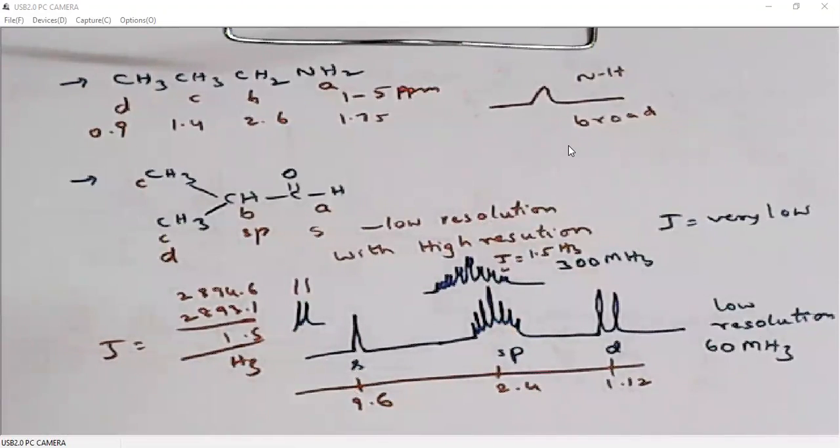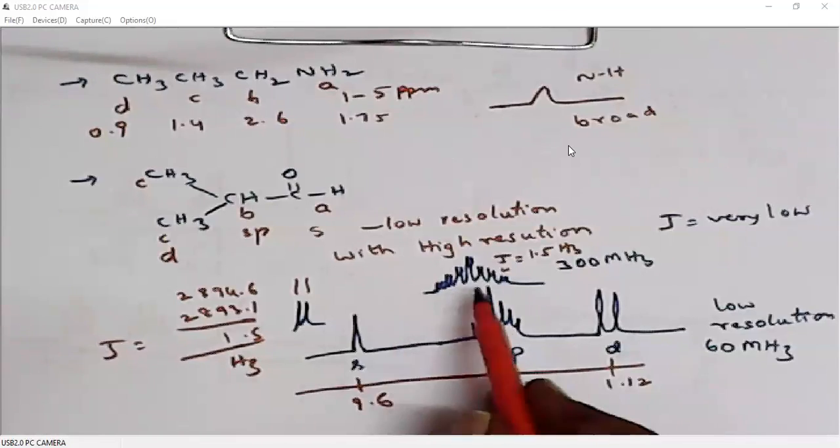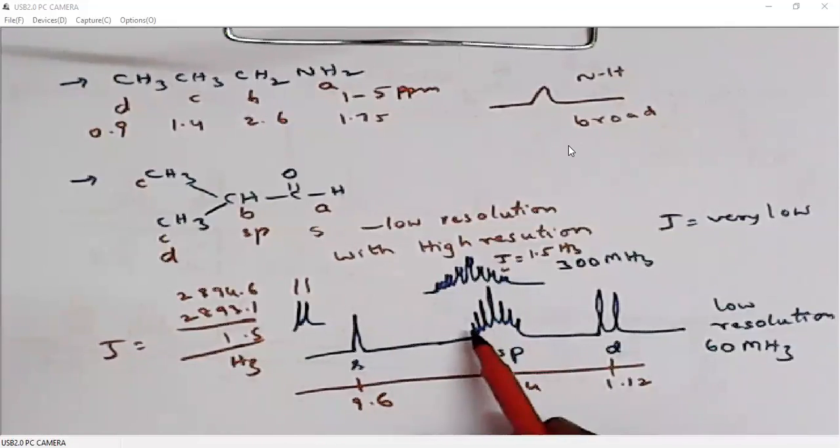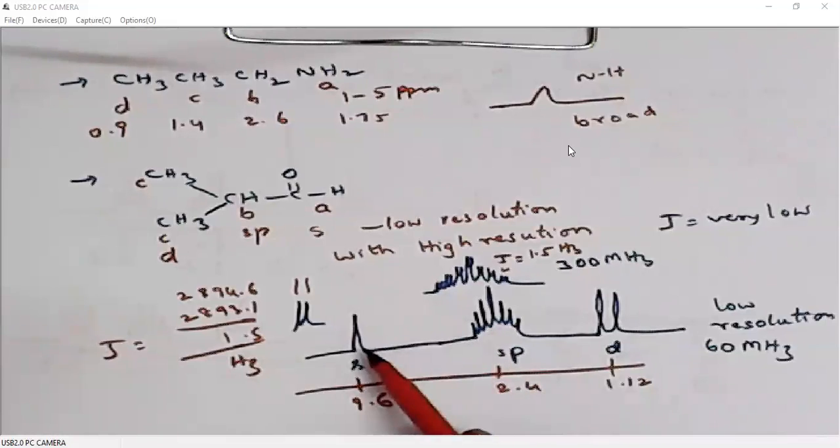So from this we can clearly say that this proton is interacting with this. So based on the coupling constant values, if the coupling constant values are matching and the splitting pattern is matching, then we can clearly say that these two protons are coupling with each other.